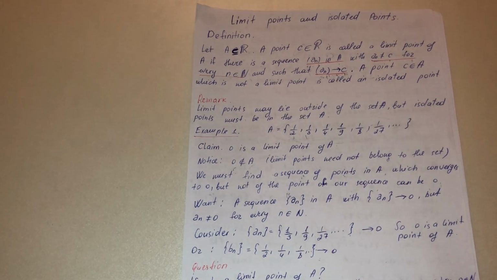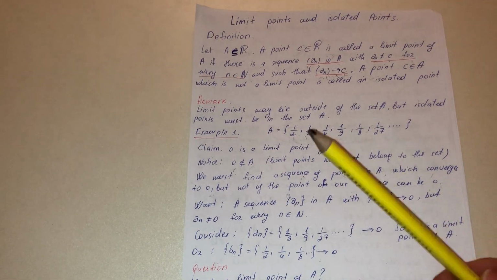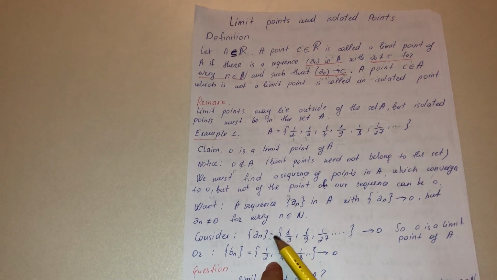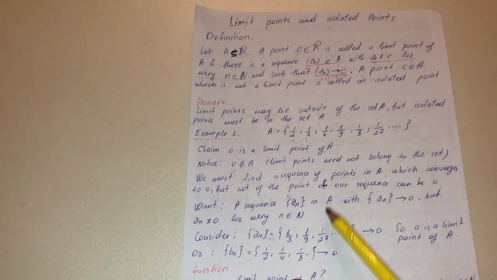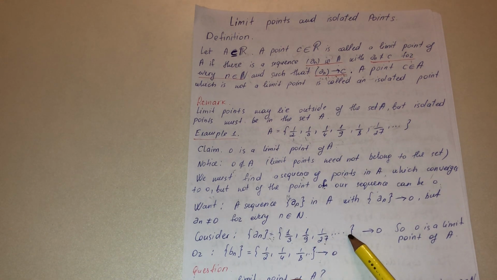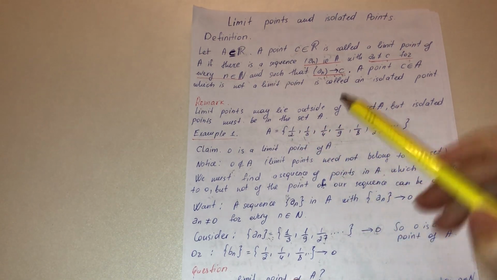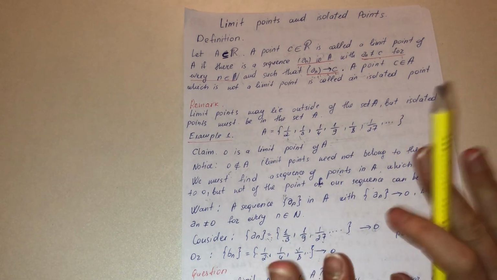So let's consider a sequence δn in A. Our sequence can be any subset of the A. For example, let's take δn: 1/3, 1/9, 1/27, and etc. As you see, it converges to 0. 0 is not inside of this set. Okay?